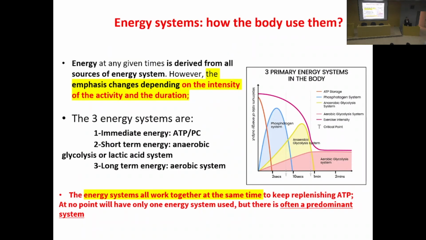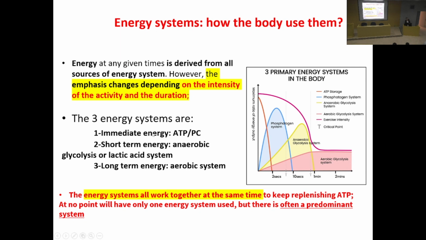All right. So now we're going to talk about the energy systems used by the skeletal muscles for the energy supply. We have in our body 3 types of energy systems, and the choice of these energy systems depends on the intensity and the duration of the exercise, training, or activity in general.